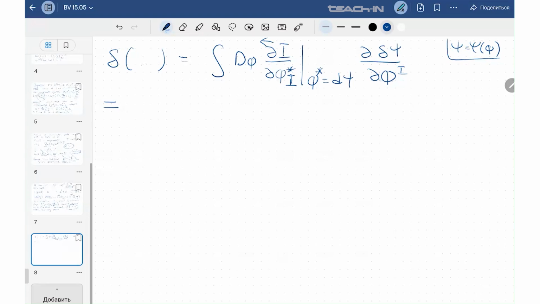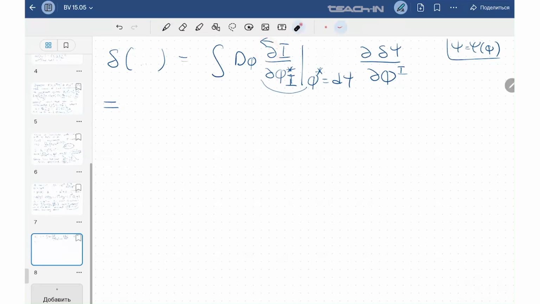Then the parity of this expression is opposite to that of phi I, so I don't get an additional sign, but then I get a sign by transforming this right derivative into a left derivative. For this, I get a sign factor, precisely the one I need.